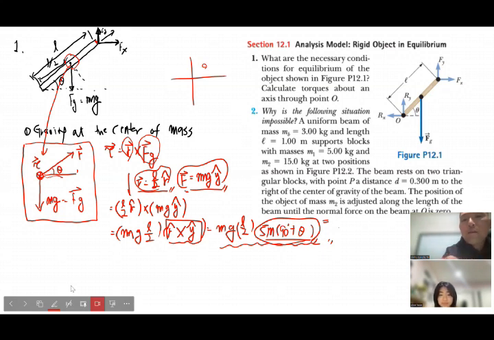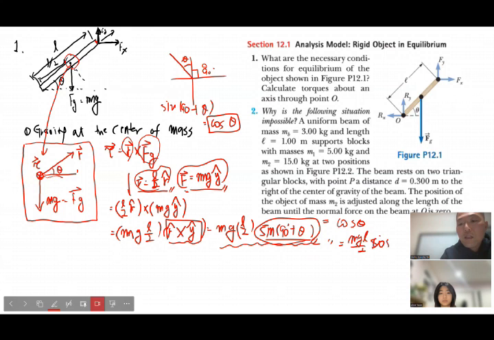So if the angle is bigger than 90 degrees, then sine of 90 degrees plus theta should be cosine theta. Okay, 90 degrees changes sine to cosine, cosine to sine. So that should be cosine theta. So that should be mg L over 2 cosine theta.